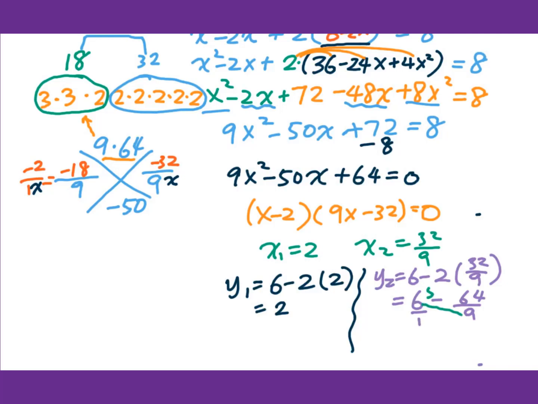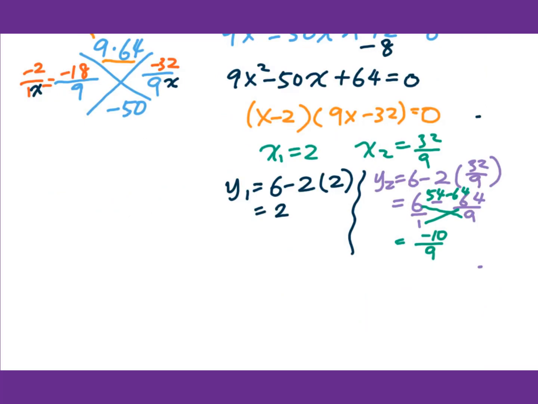You will get 54 minus 64. So you get negative 10 over 9. Then you can write down the solutions. That is (2, 2) and (32 over 9, negative 10 over 9).